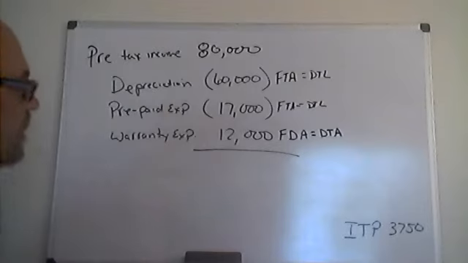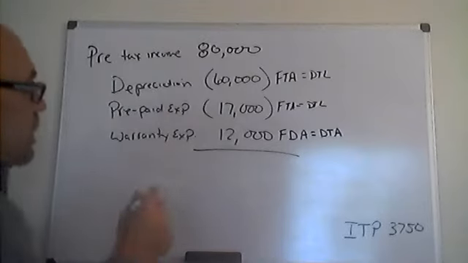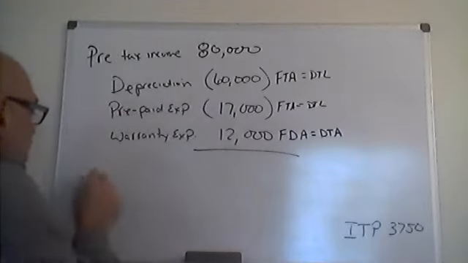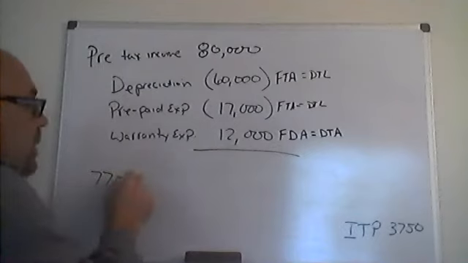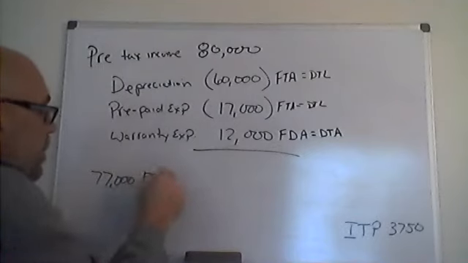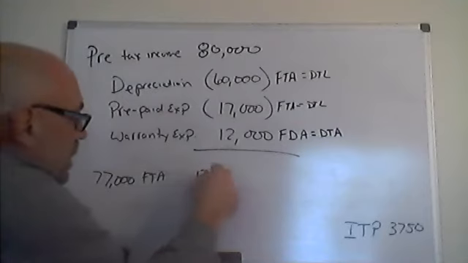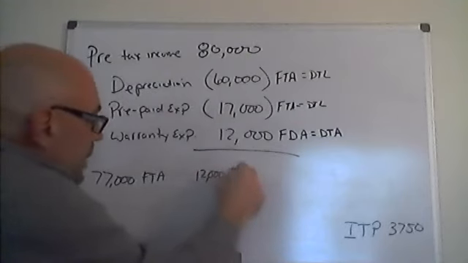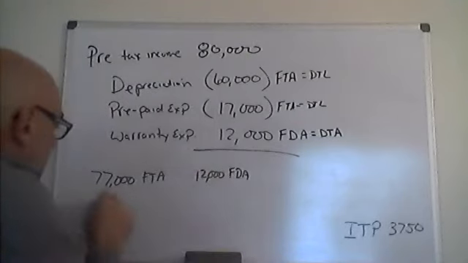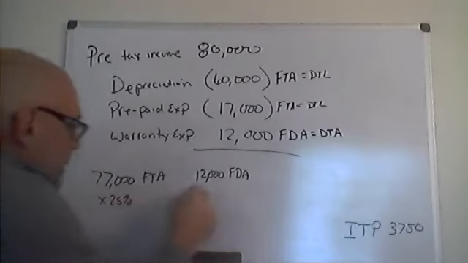These are our amounts. Okay, so as I said, we can combine. So we have $77,000 in future taxable amounts, $12,000 in future deductible amounts. We multiply them both by their tax rate.